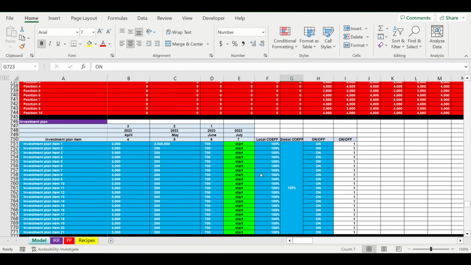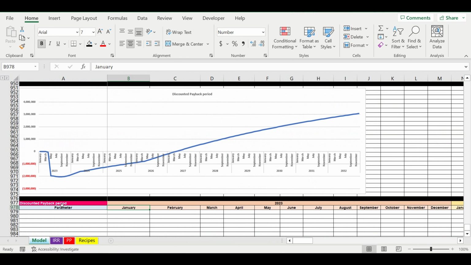So let's copy the timeline. So let's call it revenues, costs, profit, profitability.